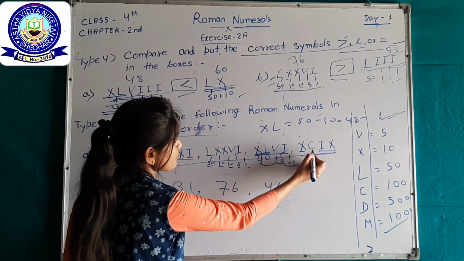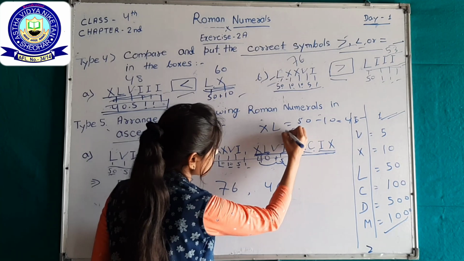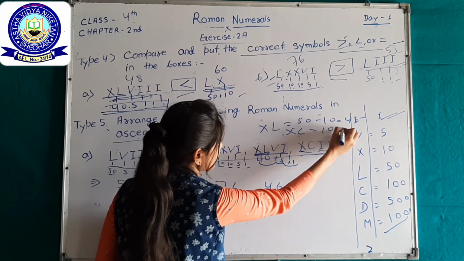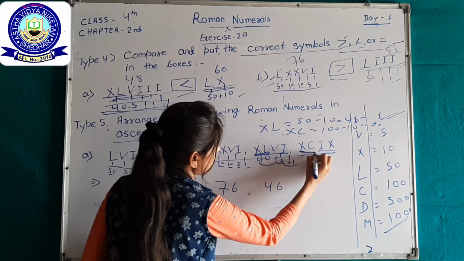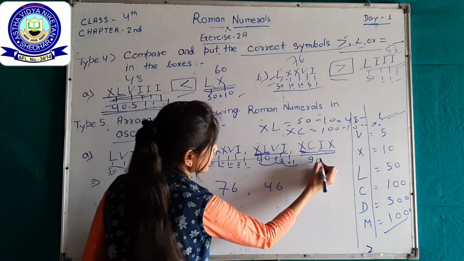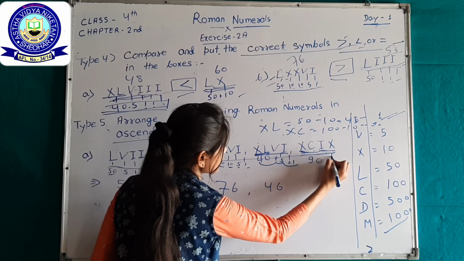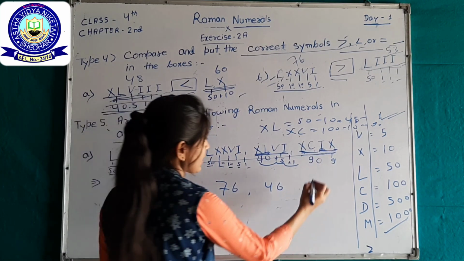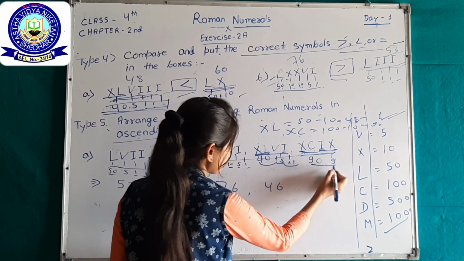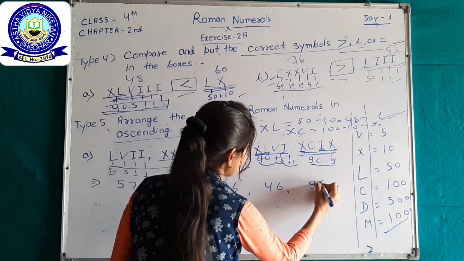This X appears before this C, so the value is 100 minus 10 equals 90. The value of XC equals 90 and the value of IX is 9. This I appears before this X, so it will be subtracted. Then 90 plus 9 equals 99.